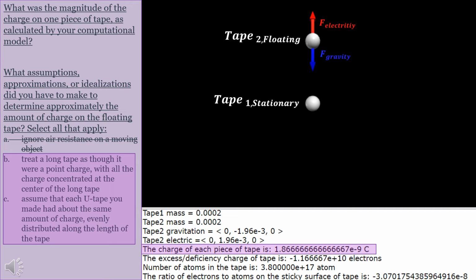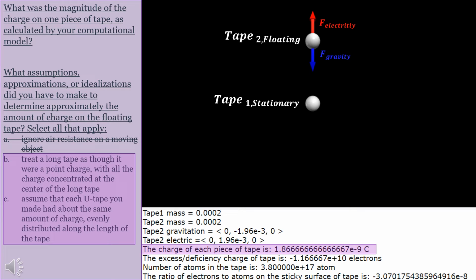Here is the result of my code, where the force of electricity is pointing upwards and the force of gravity is pointing downwards as it's negative, and the charge of a piece of tape is 1.867 times 10 to the negative 9th.